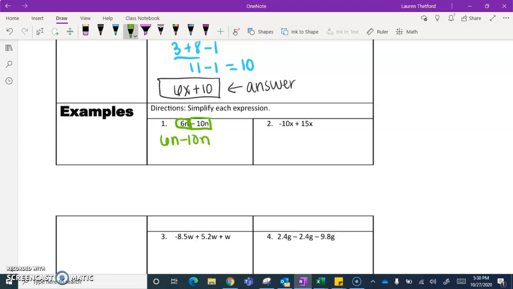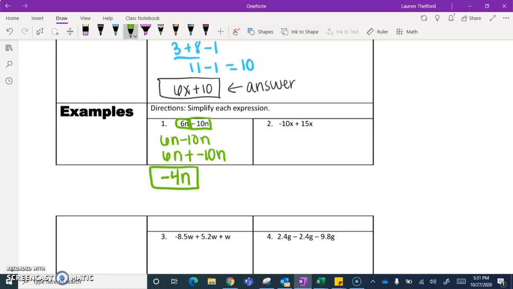Remember, we rewrite subtraction like that as 6n plus a negative 10n. Now I have 6 plus a negative 10. Those are different signs, so we are going to subtract. 10 minus 6 is 4. We keep our n, and then it takes the sign of our bigger number. Our bigger number was 10, and that was negative. So my simplest form is negative 4n.